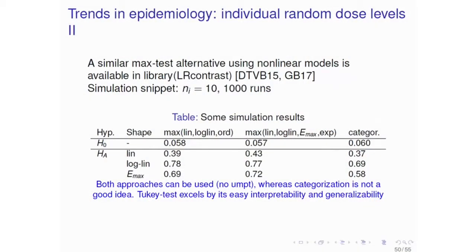And the first thing you observe under the null, we don't really control alpha. It's a little bit liberal, not surprising here. I can tell you if sample size is 30, wonderful, 5%. But I want to demonstrate that this is an asymptotic approach. And then I have the true alternative lin, log-lin, and Emax. This is really a nonlinear one.